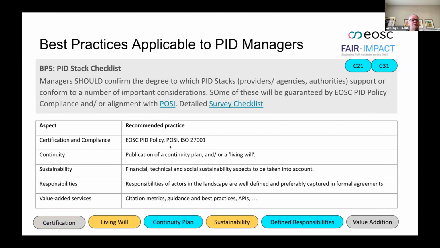And then there's also an additional checklist that we're adding of other things that managers should expect from the other actors in the ecosystem, such as certification and compliance, statements of continuity and planning to be able to guarantee continuity, sustainability from a financial, technical, and social perspective, clear definition of responsibilities of the actors, and then to what extent they also provide value-added services.